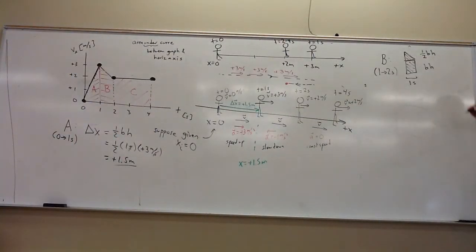The height here of the rectangle is what? 2 meters per second, plus 2. And then, of course, stacked on top of it, that's 1 meter per second. And I'll leave it to you to confirm that the area of those combined is plus 2.5 meters. So that's my displacement during this time interval.